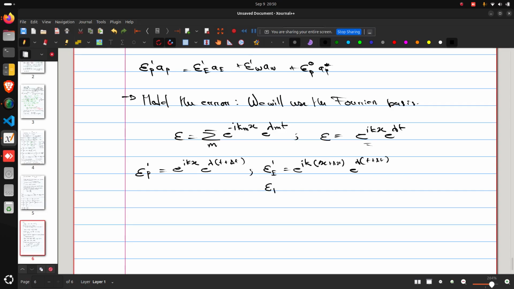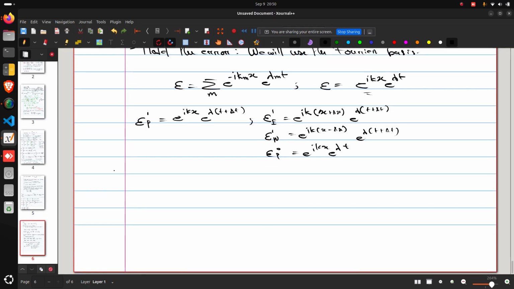Similarly, for west, it will be e to the power i k (x minus delta x) and e to the power lambda (t plus delta t). And finally epsilon P naught will be nothing but e to the power i k x times e to the power lambda t only, right, because it's at time step t.